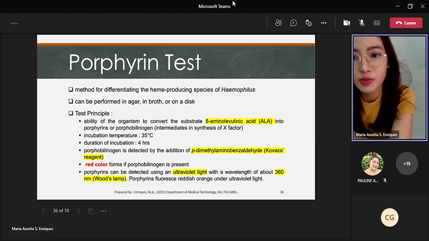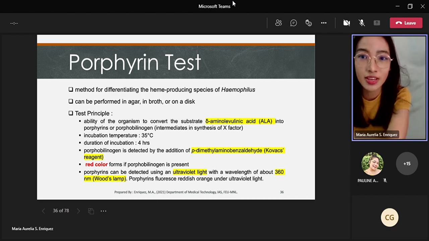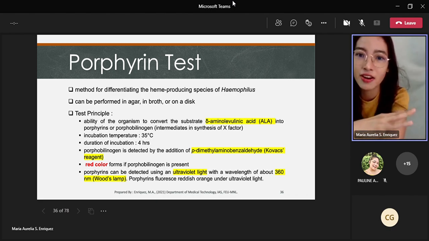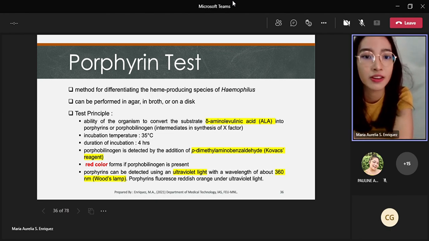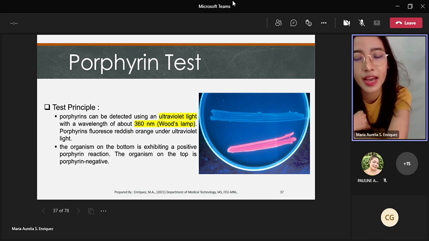Okay? So these substances are detected by adding paradimethylaminobenzaldehyde, commonly known as the Kovacs reagent. And then we observe this under ultraviolet light with the use of a Woods lamp that is set at a wavelength of 360 nanometers. So tignan po natin yung itsura niya on the next slide. Ayan.